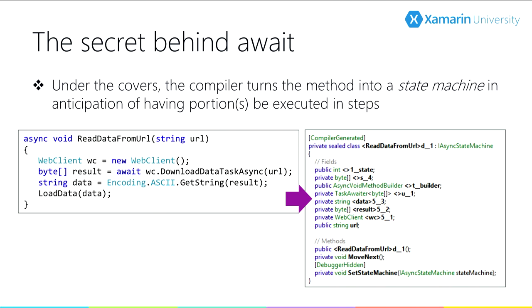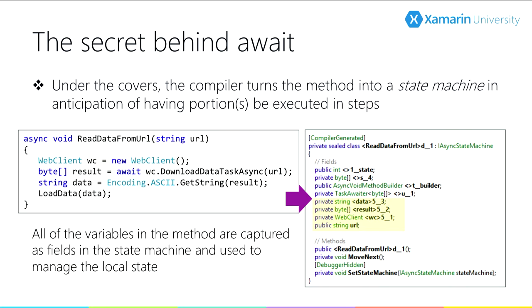We have a sealed class, compiler generated, that implements IAsyncStateMachine, and all those variables we have in our method are now fields. So if we look a little closer, we're able to see that the variables we created are still in here. So we have our string data, we have our byte array result, our web client, and even the URL we pass in is a field.